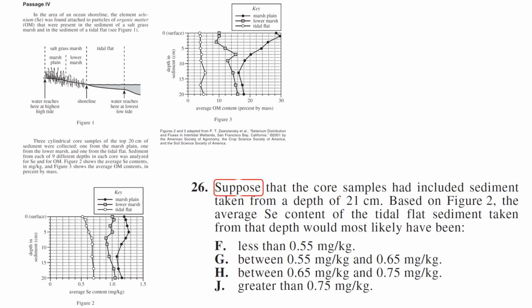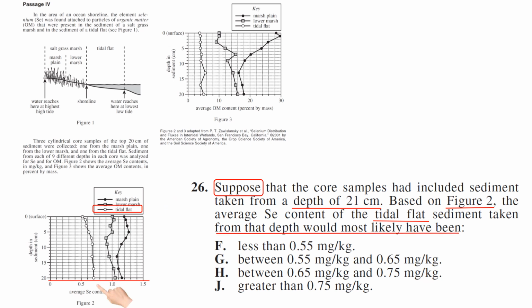26 is a suppose-if Y question. You have to extrapolate or make some extensions. The core samples had included a sediment taken from a depth of 21 centimeters based on figure 2. So it's going to be just below the 20, right? Not far. The average SE content of the tidal flat at that depth, we're looking at the circle, will most likely have been.